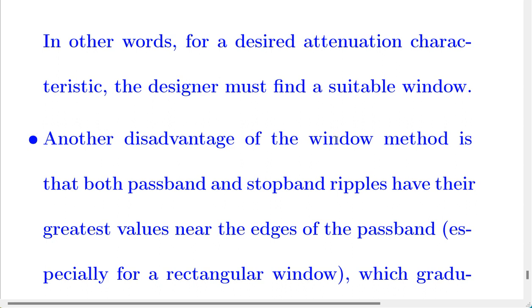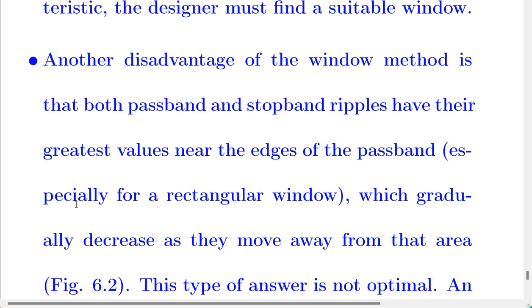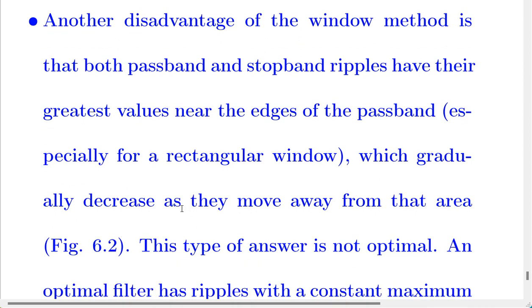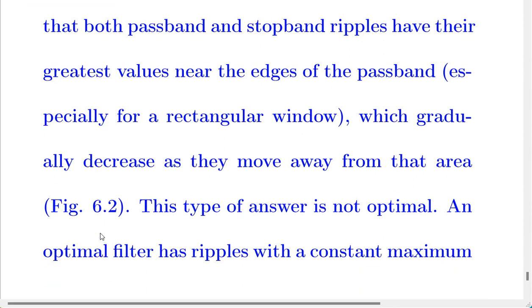Another disadvantage of the window method is that both passband and stopband ripples have their greatest values near the edges of the passband, especially for a rectangular window, which gradually decreases as they move away from that area.